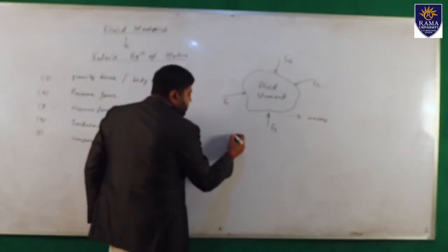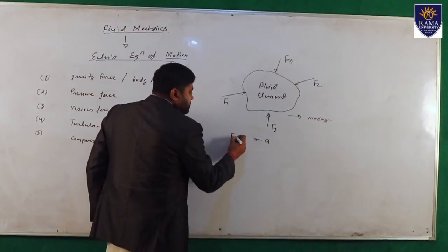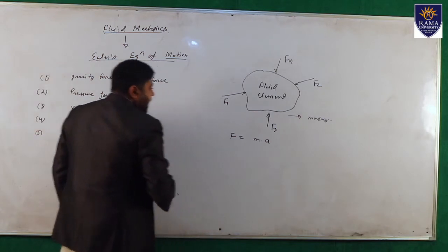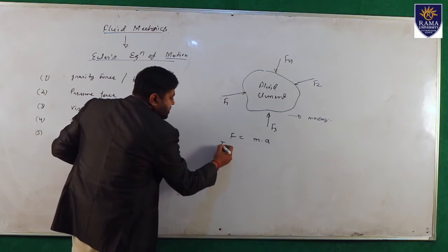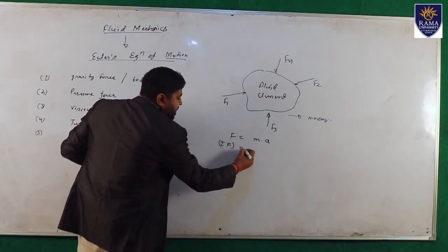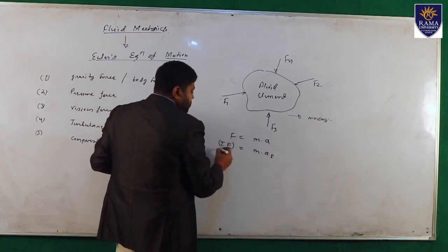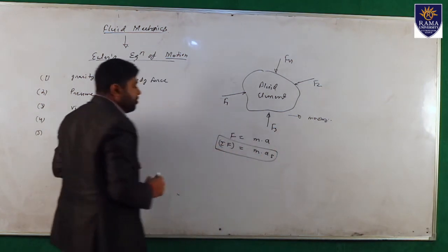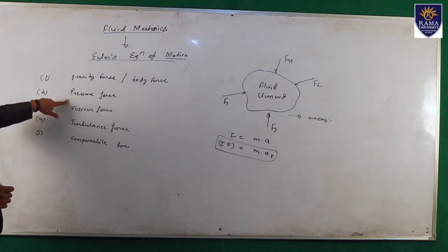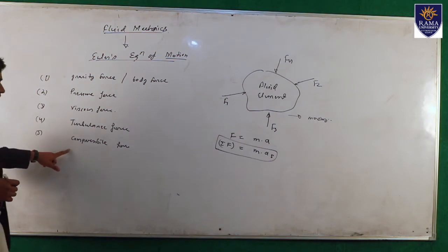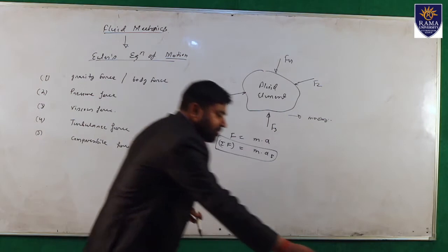Newton's second law says force equals mass into acceleration, where the force is the summation of all forces in any arbitrary direction, that is, the s direction. So we have to analyze this equation for gravity force, pressure force, viscous force, turbulence force, and compressible force.